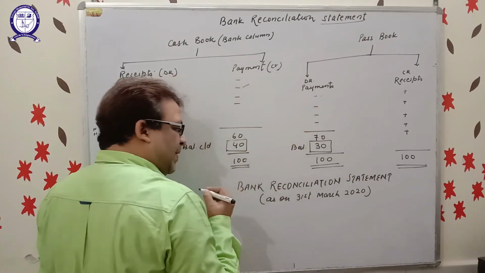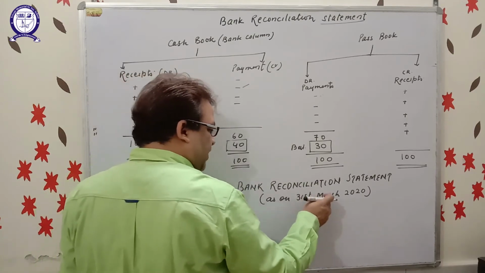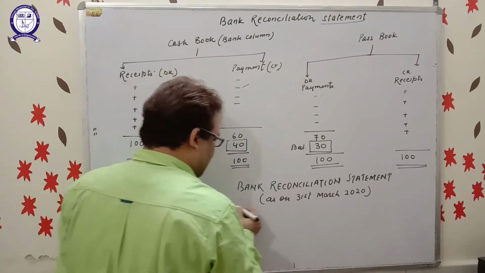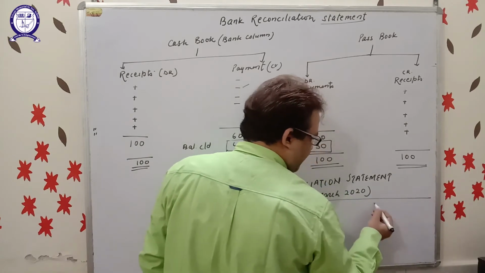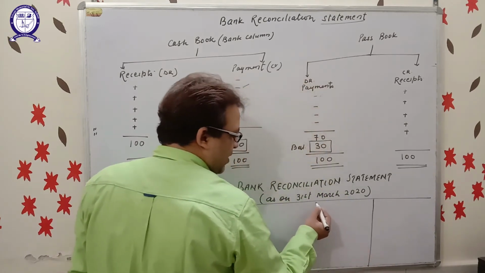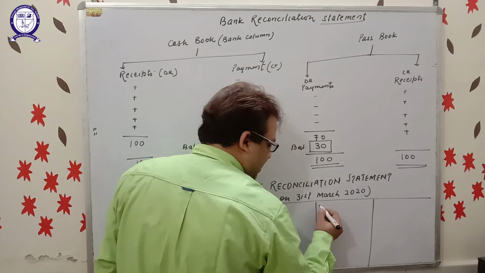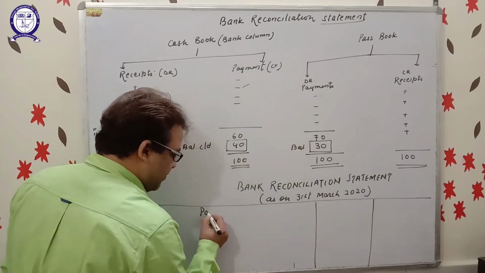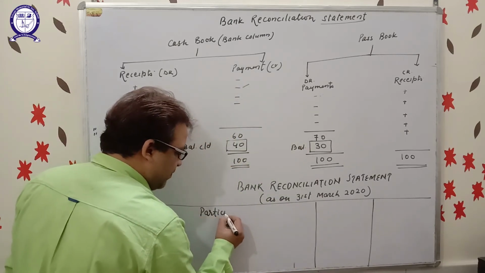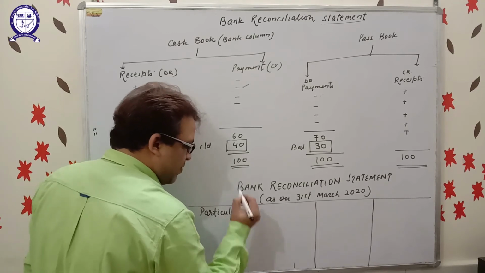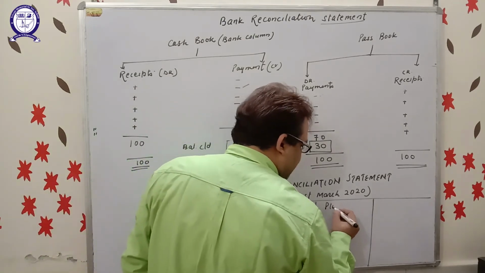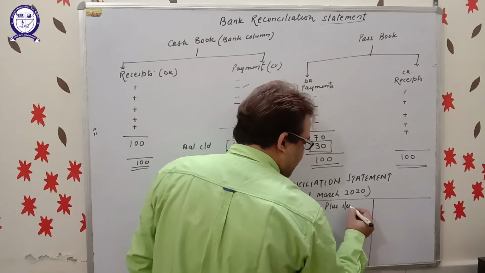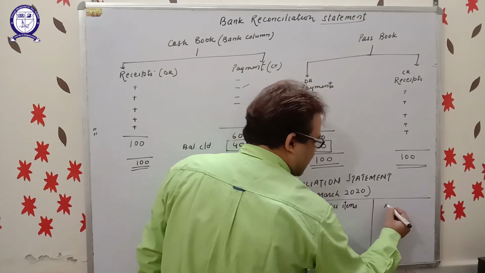Suppose we are preparing bank reconciliation for the month of March. Right here, particulars, plus items, minus items.